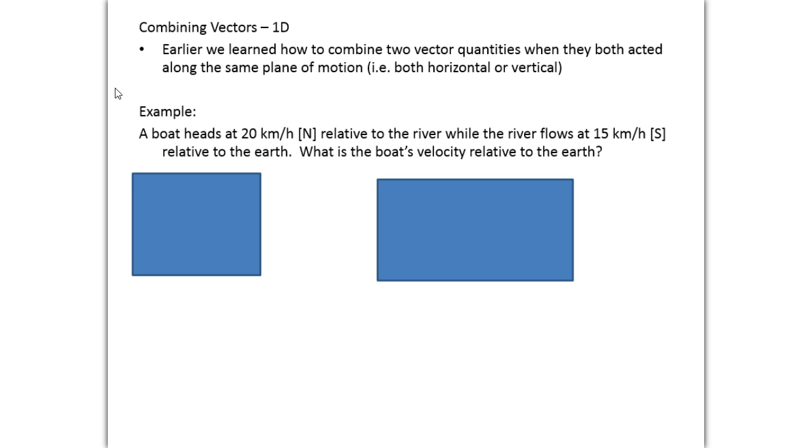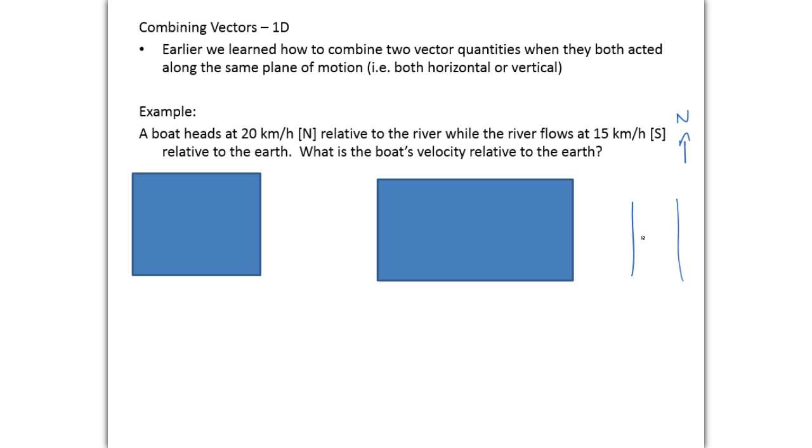Just an example of what we had looked at: a boat heads 20 kilometers per hour north relative to a river, while the river flows at 15 kilometers per hour south relative to the Earth. What's the boat's velocity relative to the Earth? Here, there's only one plane of motion. So we have a river here, and just to give a direction, this is north.